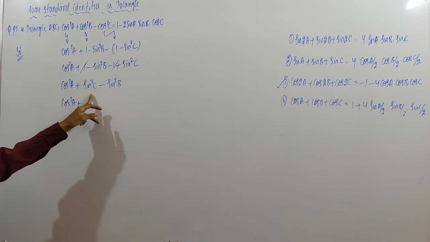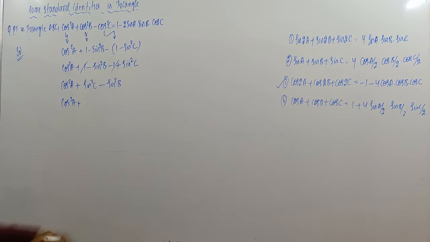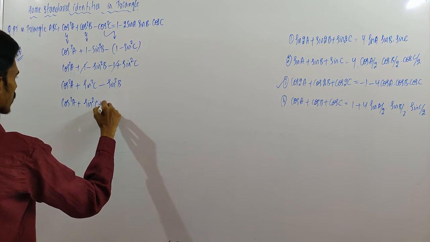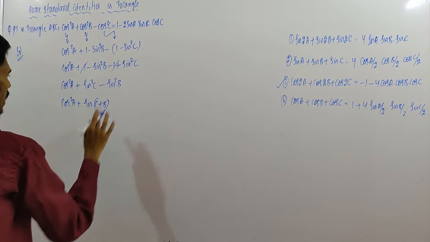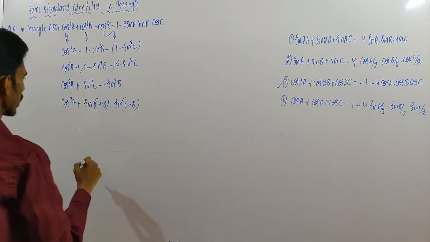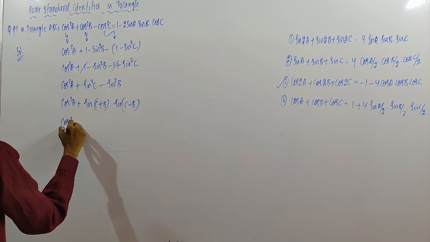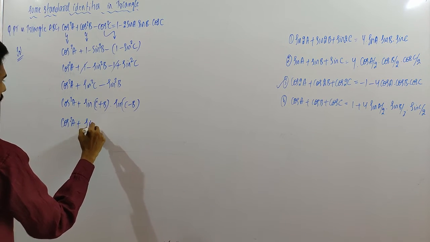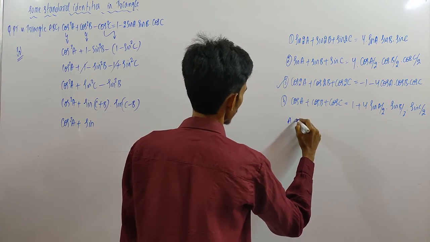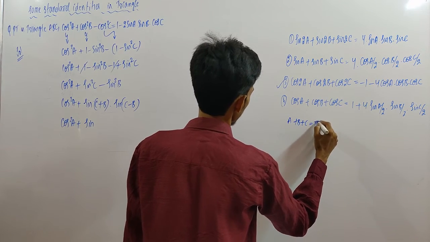Now apply the sine square A minus sine square B formula. We have sine square C minus sine square B equals sine (C plus B) into sine (C minus B). Now that equals cos square A plus sine (C plus B) sine (C minus B). We know that A plus B plus C is pi.